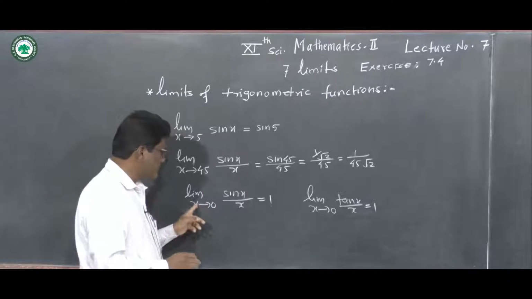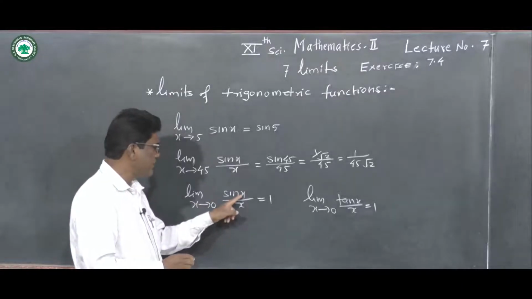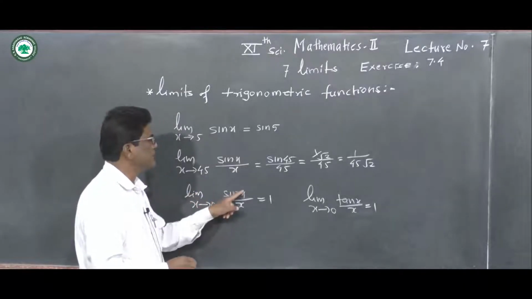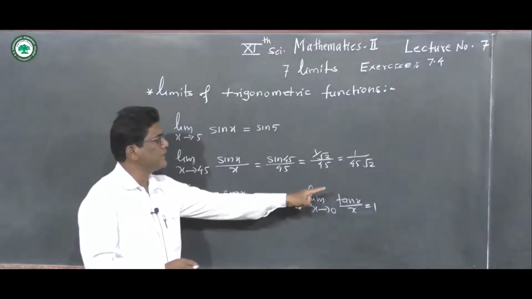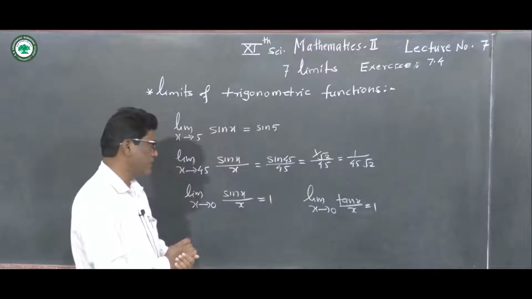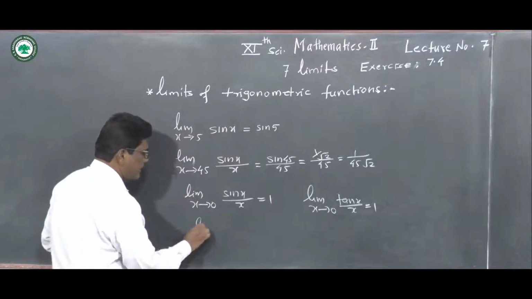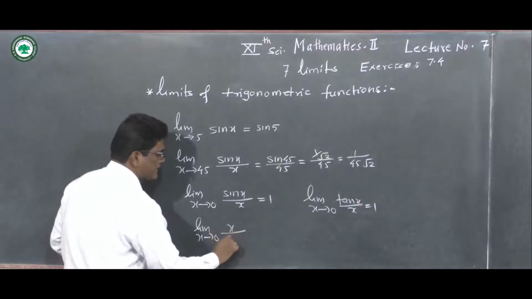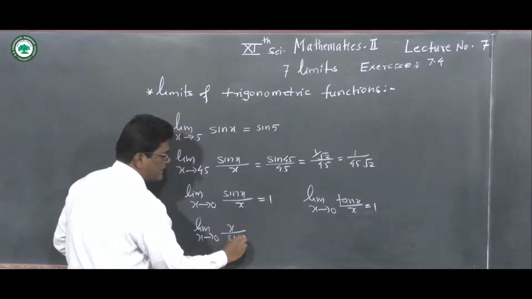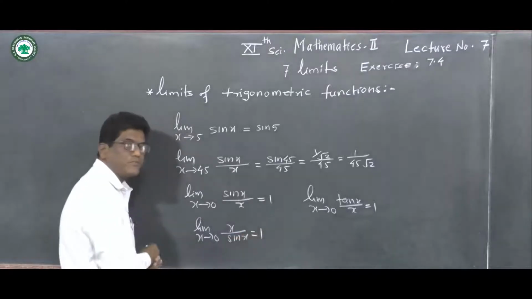We may take here x or theta. So limit as theta tends to 0, sin theta upon theta, is equal to 1, or limit as theta tends to 0, tan theta upon theta, is equal to 1. We may take here limit as x tends to 0, x upon sin x, then also its value is 1.